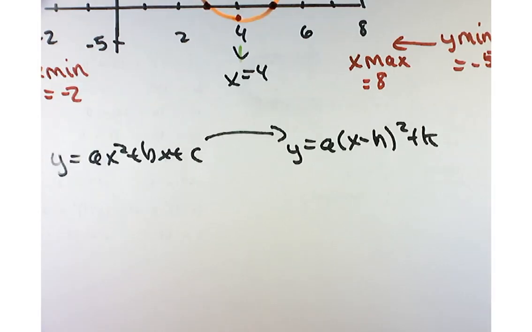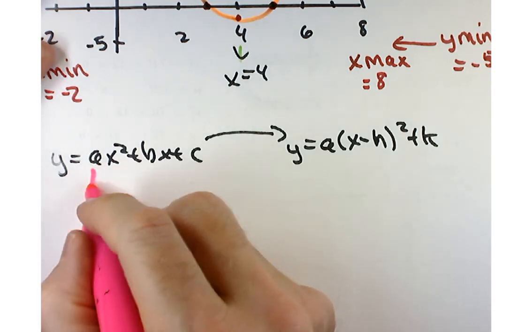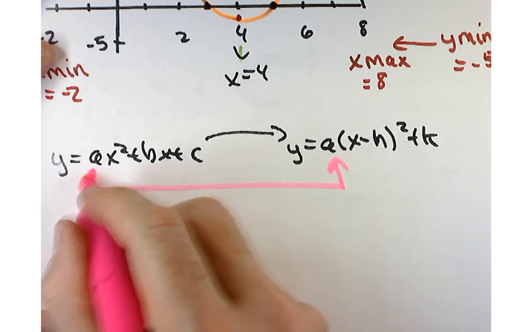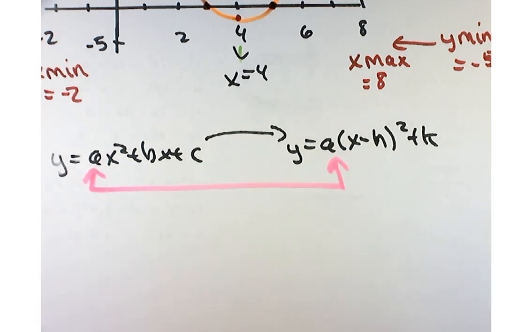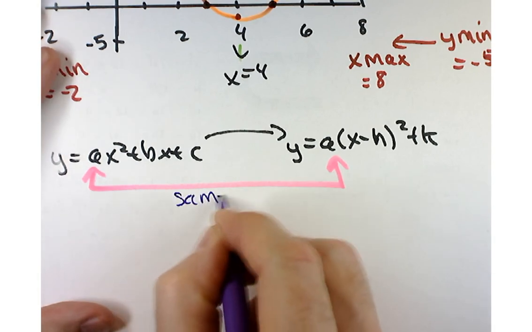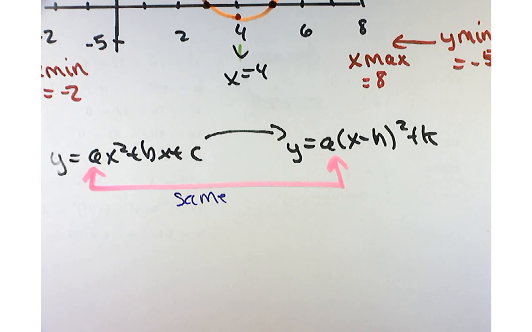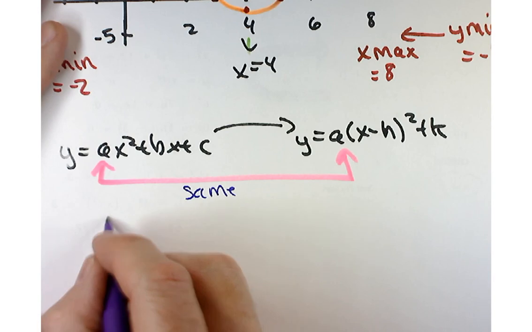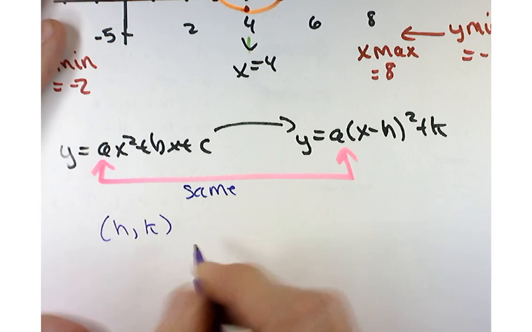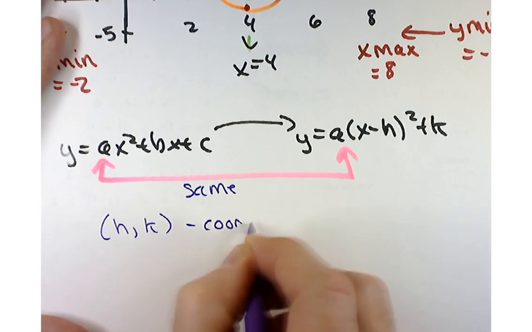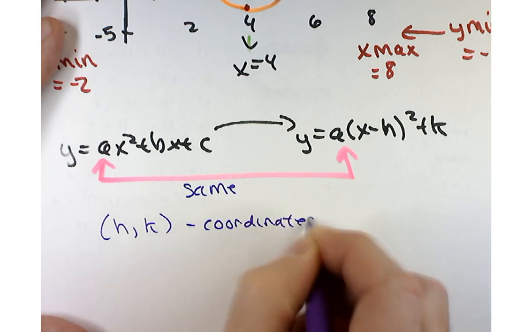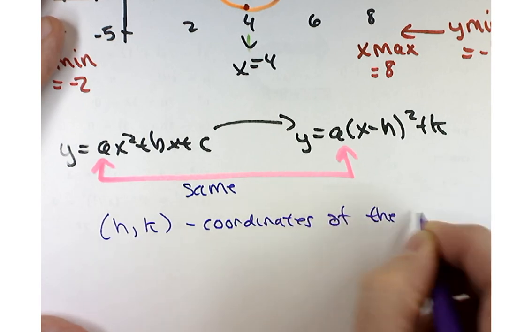There's one thing I want you to notice here, and that is that a is the same regardless. Whatever's the coefficient of my squared term here is going to be the coefficient of my squared term here. As far as h and k are concerned, h and k are the coordinates of the vertex.